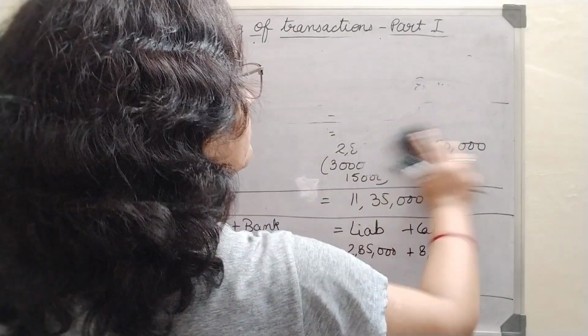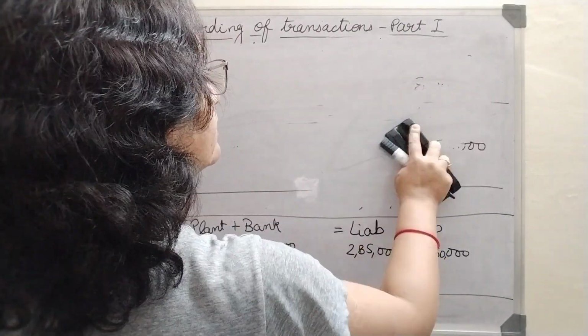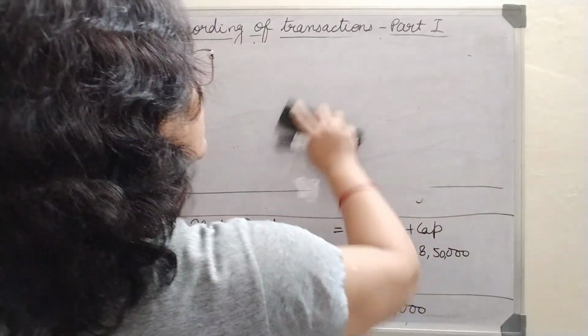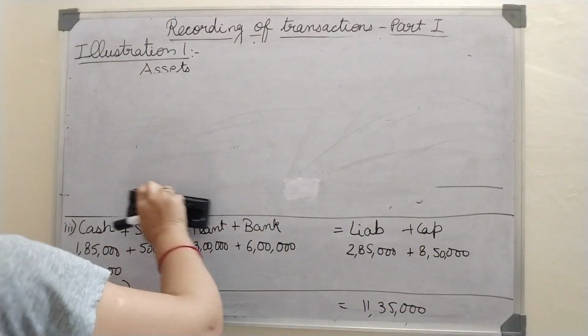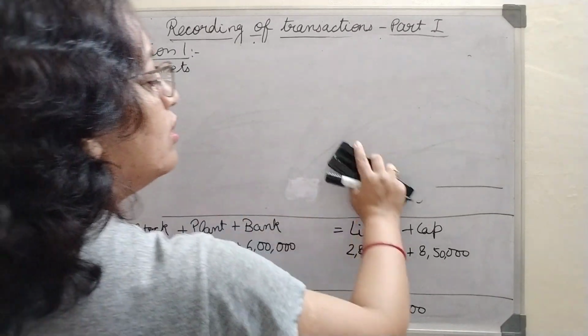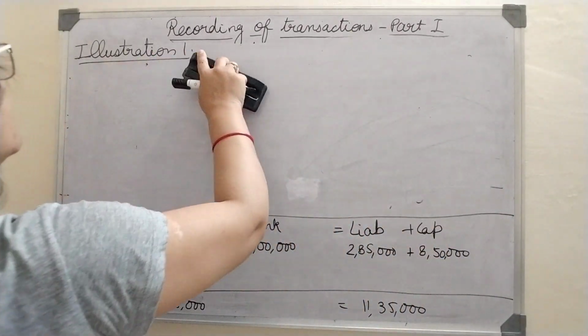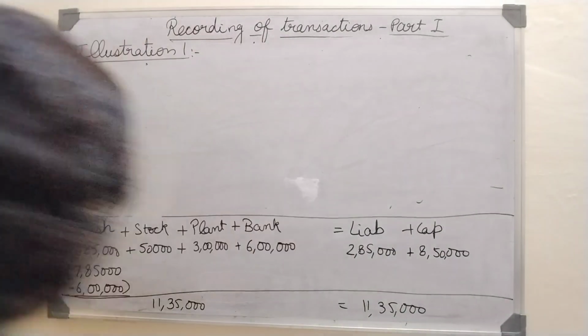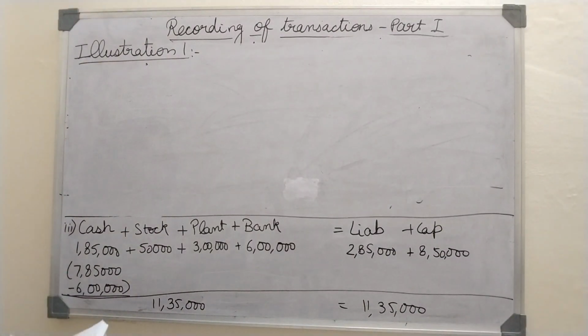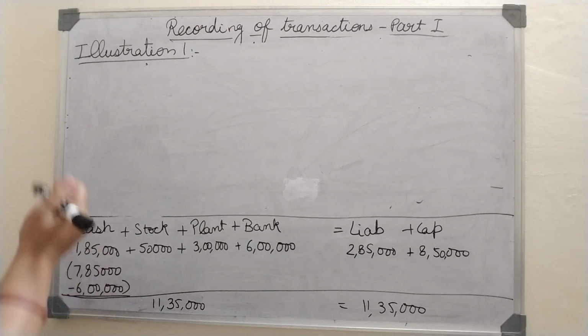This concept will remain if you understand it stepwise and you try to understand that whatever we are doing, we have to keep left hand side is equal to right hand side, and always a transaction has double effect, right? So next thing which is told to us in fourth transaction is purchased office furniture for 1 lakh and made payment by check. Now one more thing will be added.